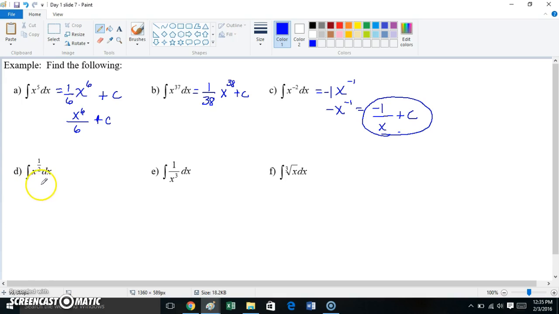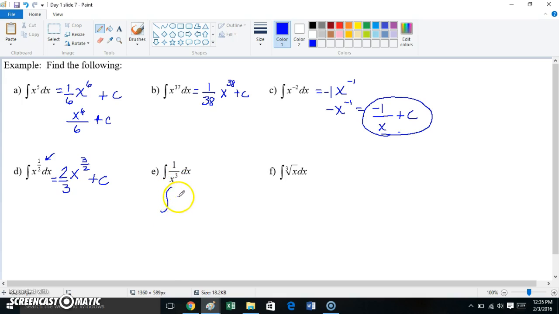Okay, anti-power rule with fractional exponent of 1/2. We're going to increase that power by 1, call this x to the 3/2. We're going to divide by 3/2. That's the same as multiplying by 2/3 plus c. Okay, the integral of 1 over x cubed.